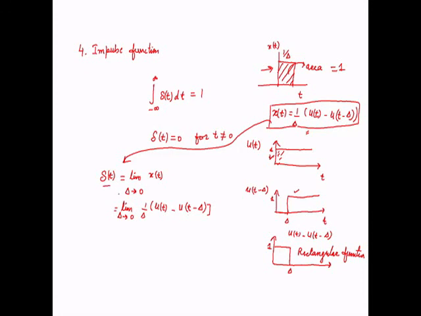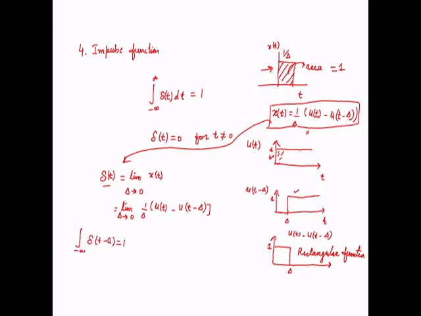The delayed unit impulse function we are now going to define by the integration of delta, which is delayed by a, is equal to 1.